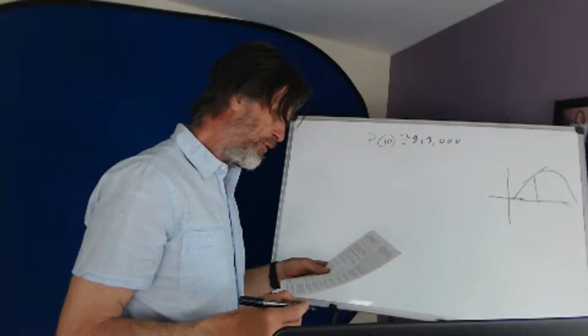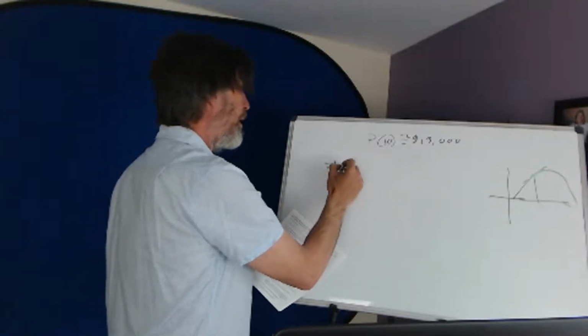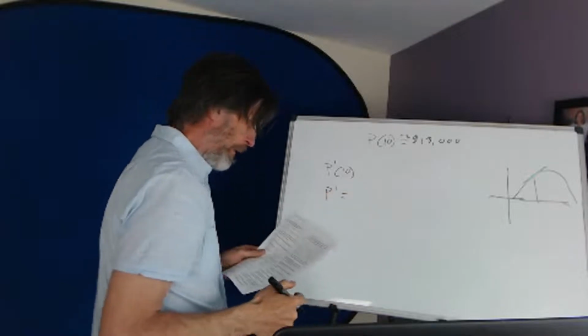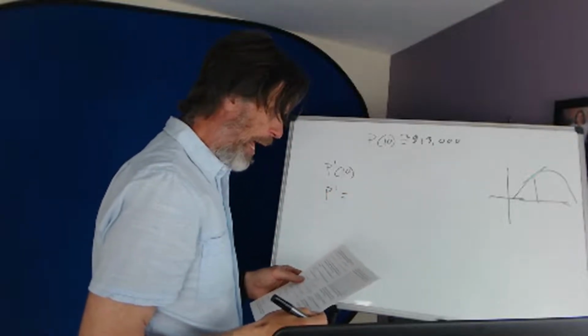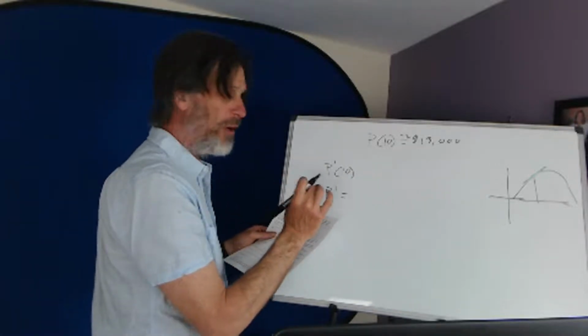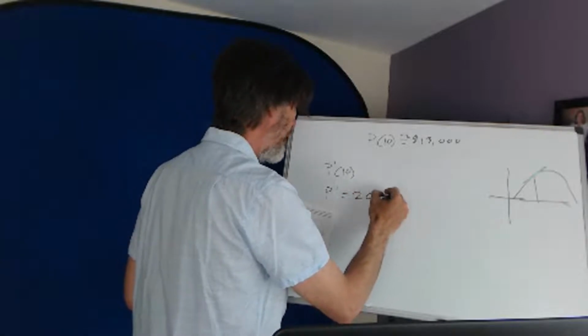Using calculus, find the slope of the graph at x equals 10. So that would be P prime at 10. Let's do P prime first. I think I can use the power rule all the way through. I can. The derivative of negative 2,500 is 0. The derivative of 2,000x is 2,000.